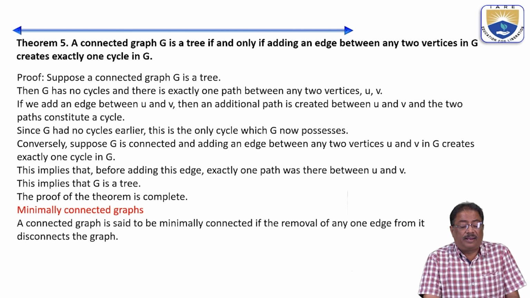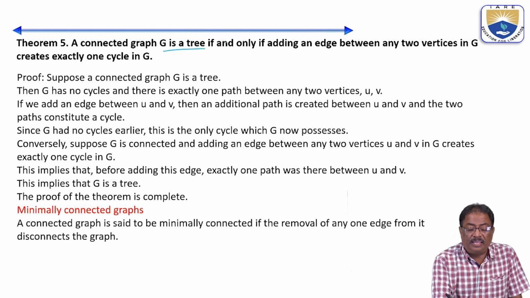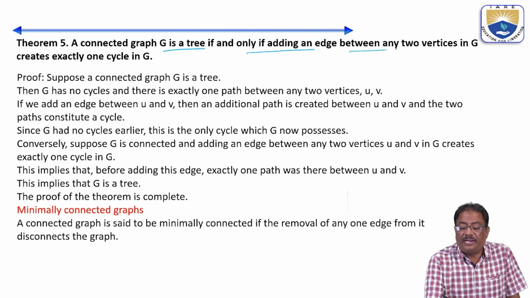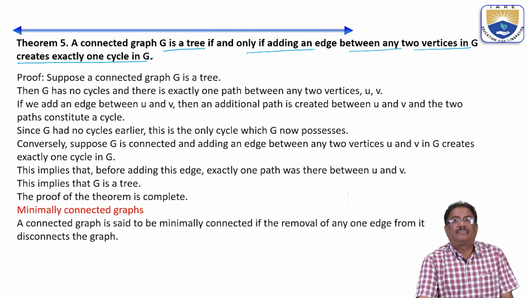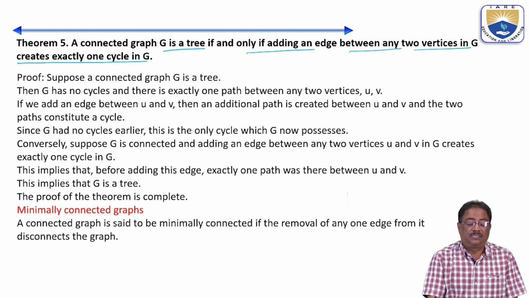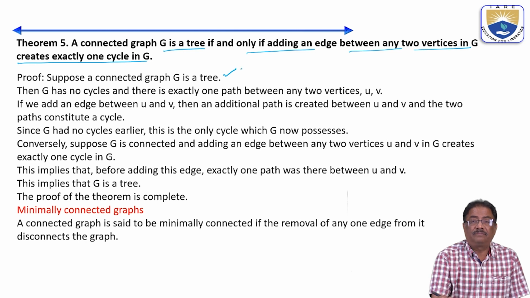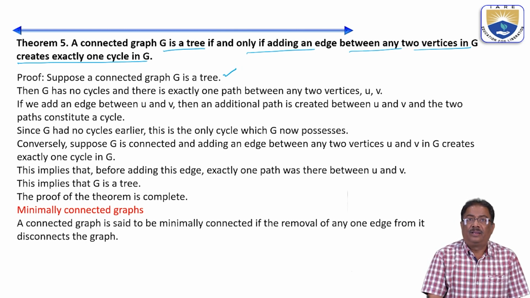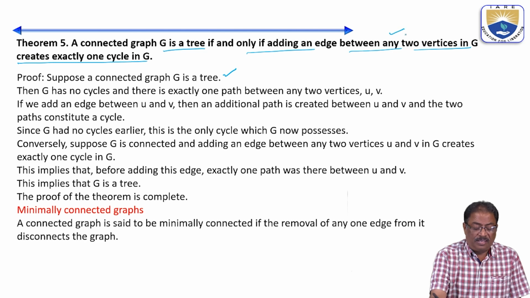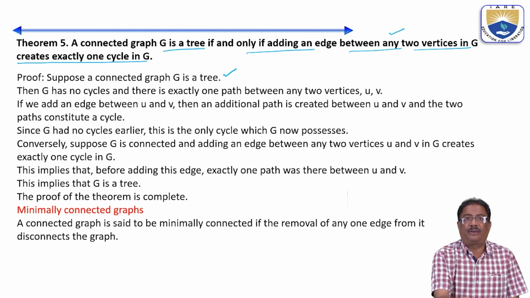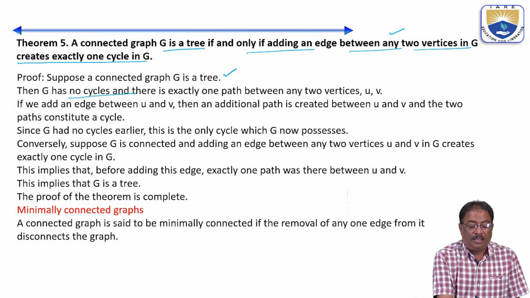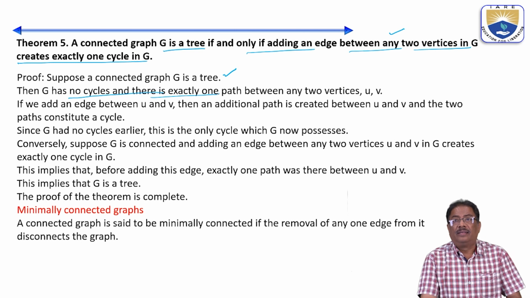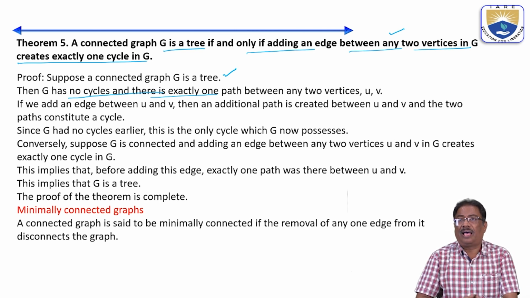Next, a connected graph G is a tree if and only if adding any edge between any two vertices in G creates exactly one cycle. So first, we are going to assume that the given graph is a tree. Then we are going to prove this. And conversely, we are going to prove the other direction. Suppose the graph is a tree, then definitely it does not have a cycle. By theorem 1, it has only one path between every pair of vertices.